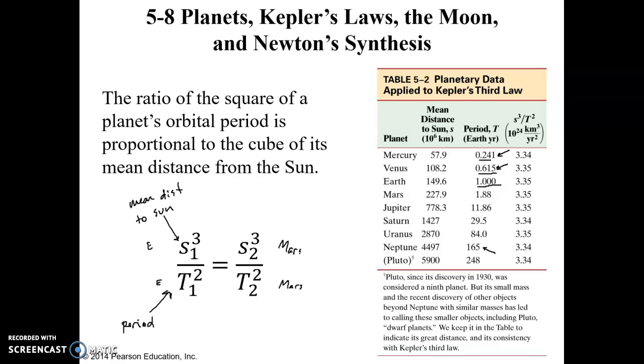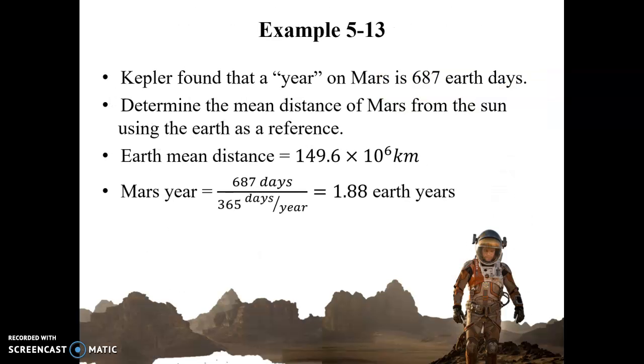So Mars over Mars, Earth over Earth. The relationship between these two things are constant and they're equal to each other.